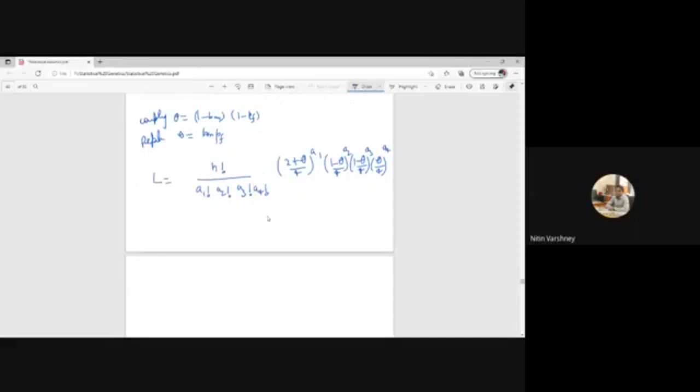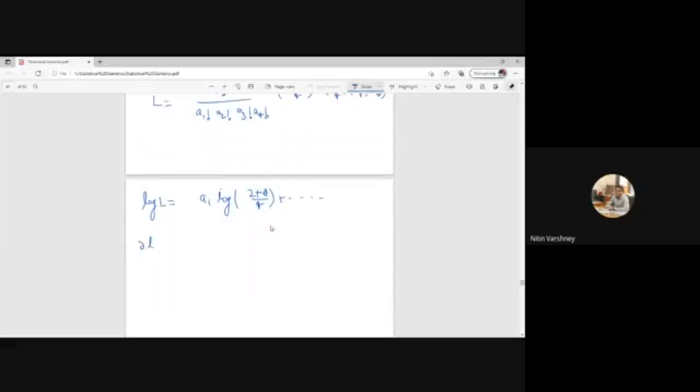So we will take the logarithm, log of L, which will be a1 log of 2 plus theta by 4. Likewise, we will calculate. Then we will take del log L by del theta and put it equal to 0.